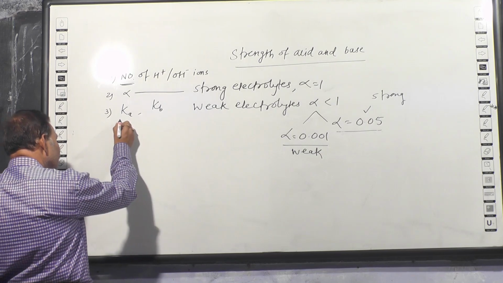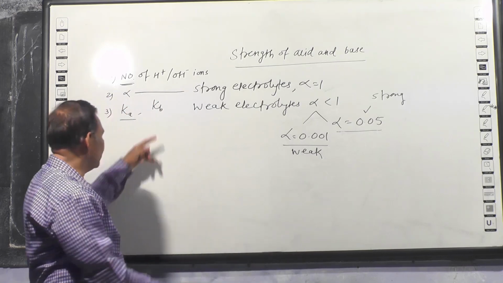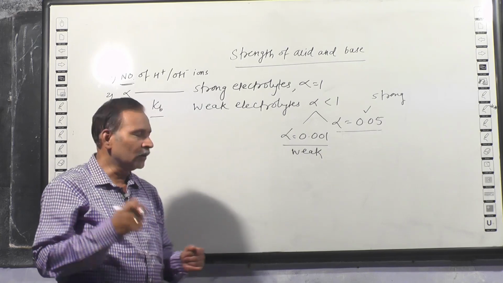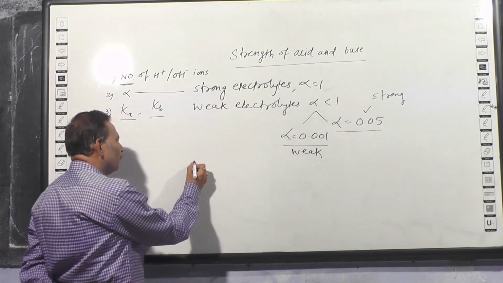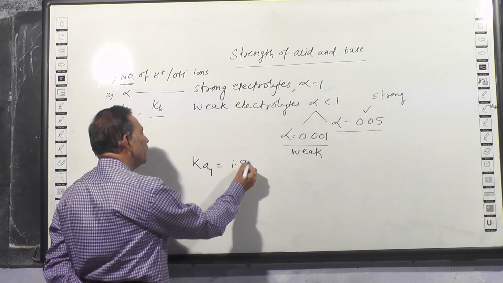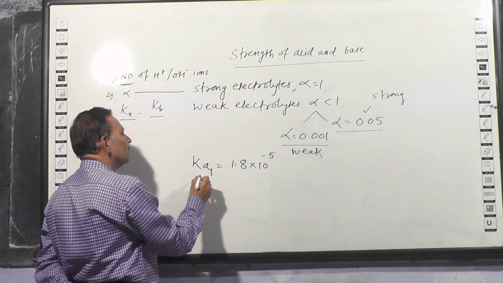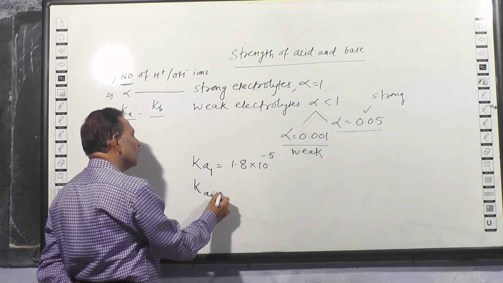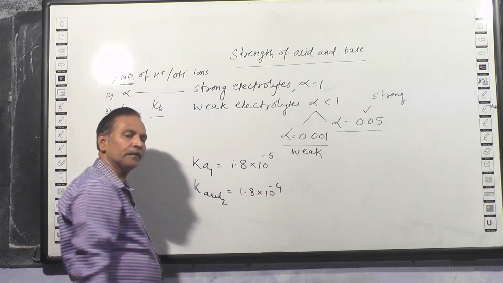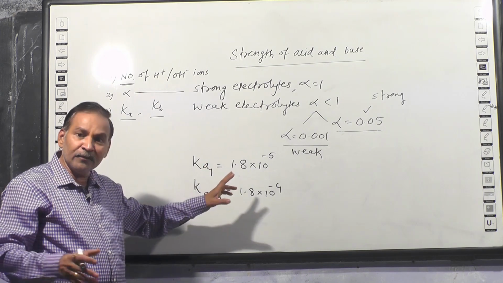The third factor we have seen, that is dissociation constant of that acid or base, Ka or Kb. This also tells you whether the acid is strong or weak. For example, if we say that for one acid we can write Ka1 is equal to 1.8 into 10 raised to minus 5, and for another acid, acid 2, the value is 1.8 into 10 raised to minus 4. अभी, which value is more?